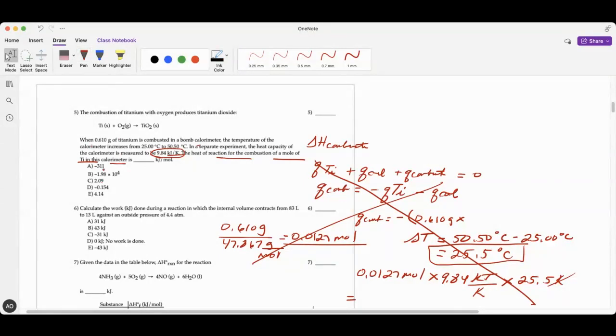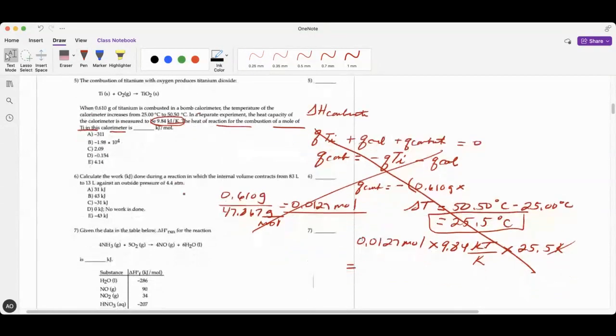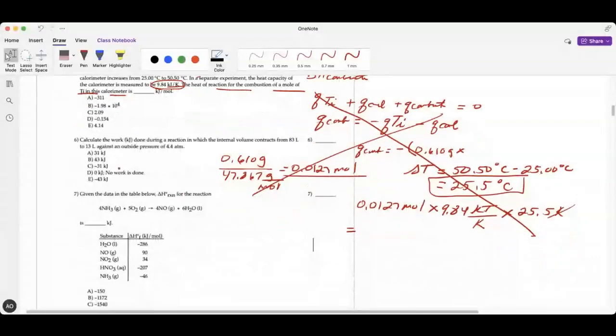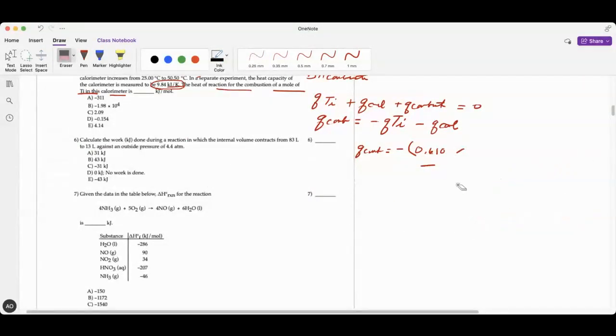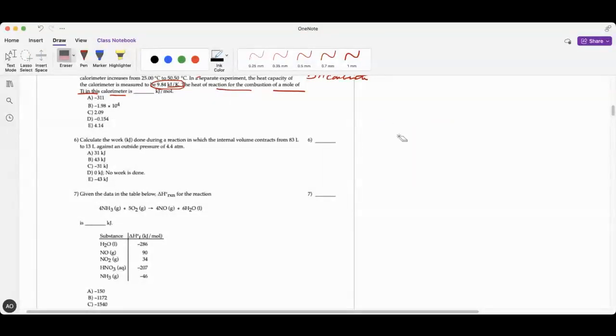Let's do number 6. I'll look at this one probably tomorrow and just do a video. I messed up here pretty bad, and we've already spent 5 minutes on it, so I'll redo this one. Okay, that was number 5.